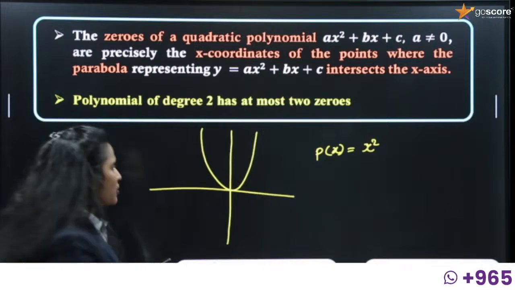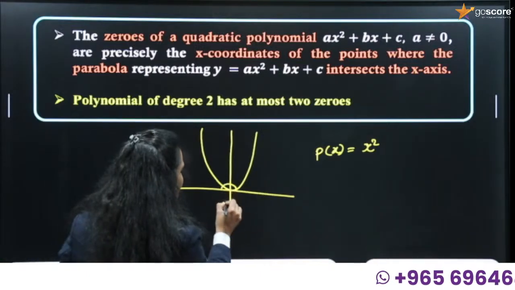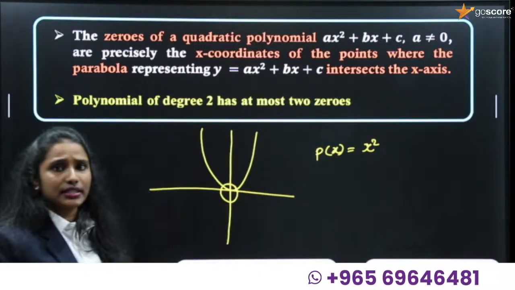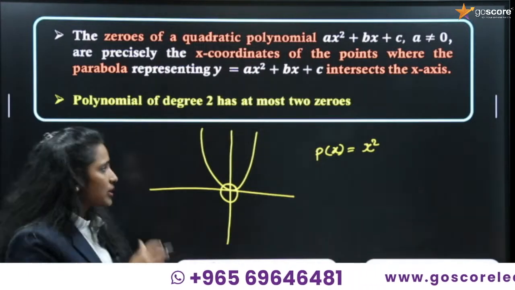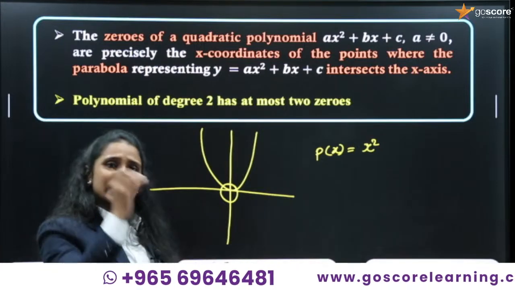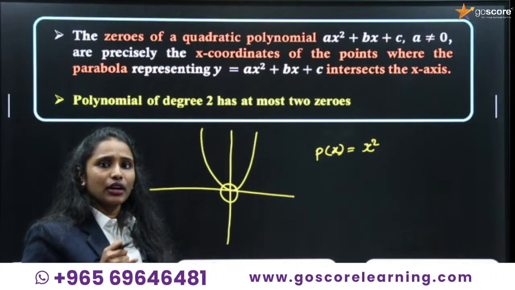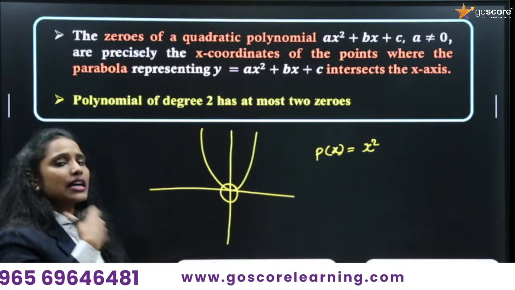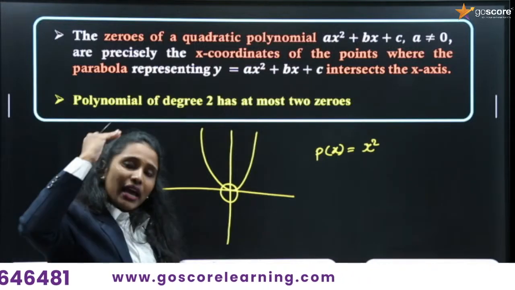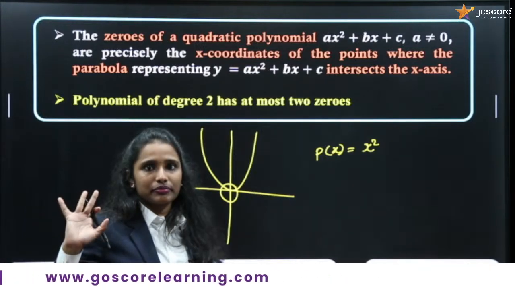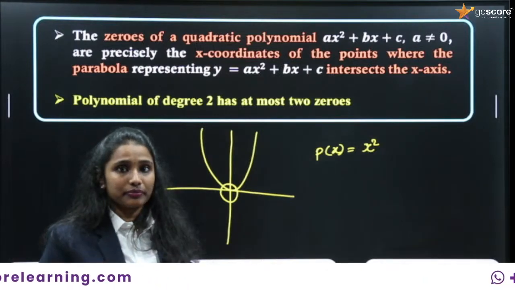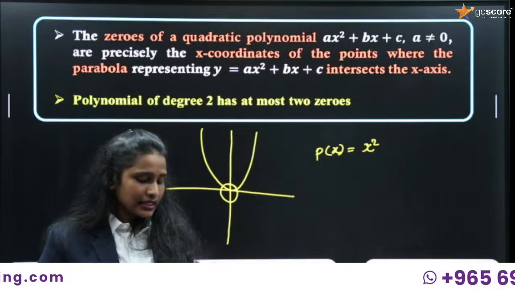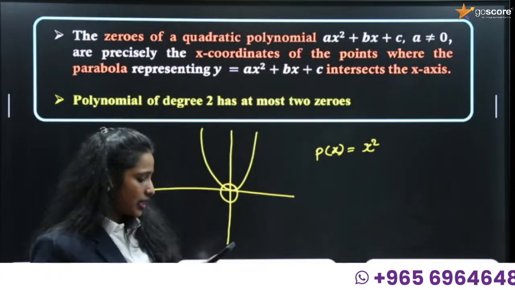It touches the x-axis at only one point, so it has only 1 zero. So there are times when it has exactly 1 zero, and sometimes it has 2 zeros. That means the maximum is 2 zeros. It won't have any 3-zero condition for a quadratic polynomial. Clear that? Okay.